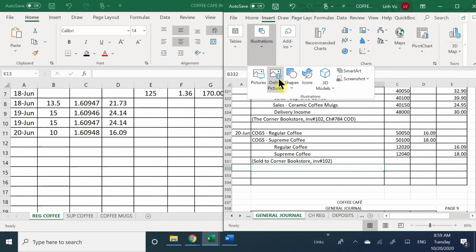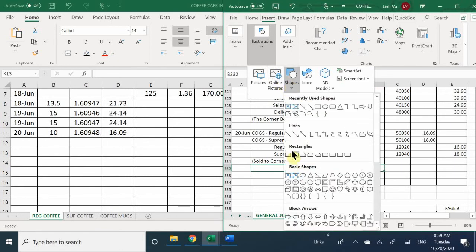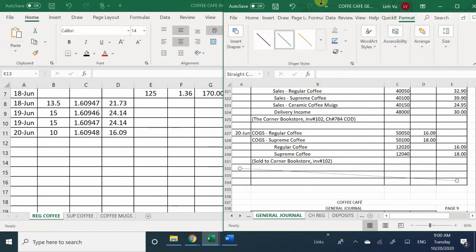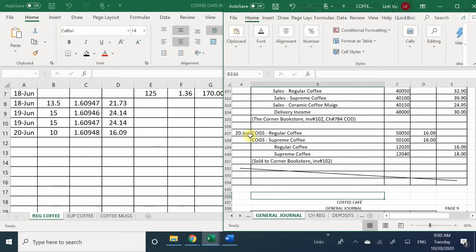So we want to make sure that we keep it squared away and there's no room for others to enter in any transactions. Just like that. Okay. So what do we do now?